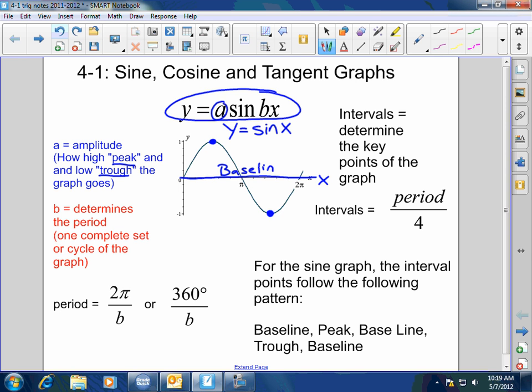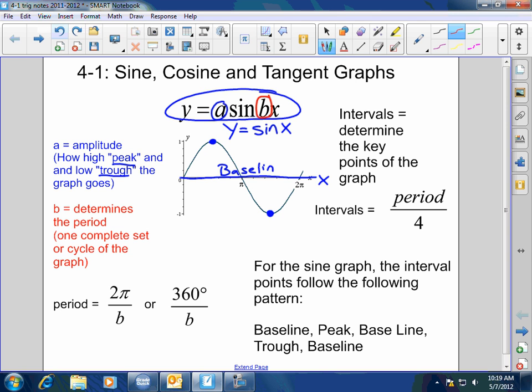Now the B. The B I have in red, it's over here, okay? The B determines the period. What's a period, Mr. Morrow? Well, a period is one complete full cycle of the graph, okay?